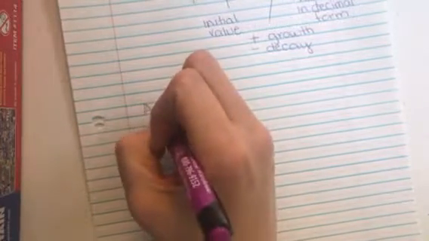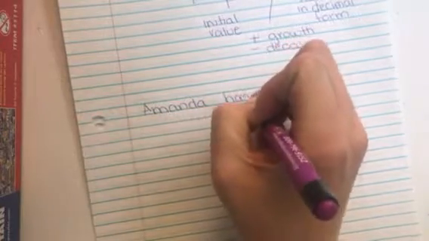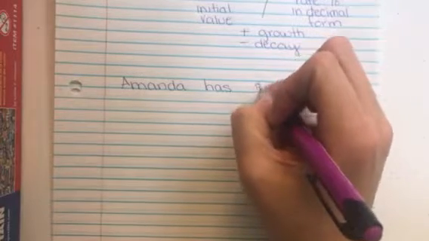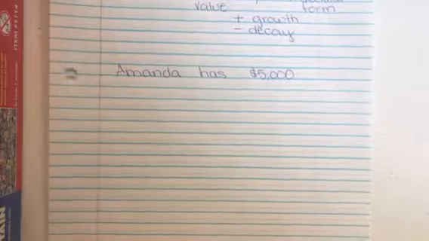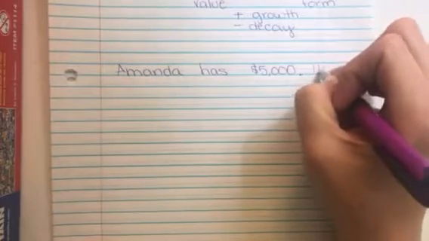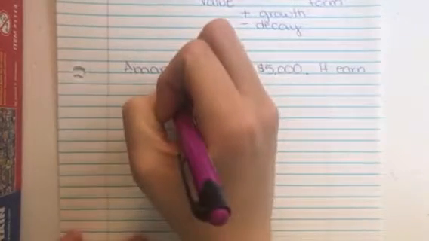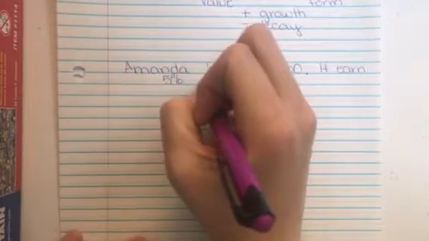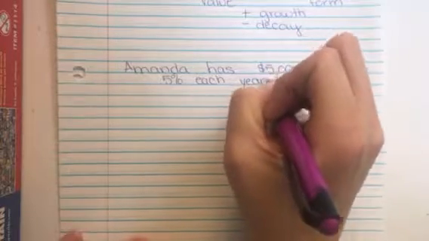Okay, so let's say we have a bank account. Let's see, Amanda today is going to have a bank account. And in her bank account, she is going to have $5,000. And it's going to earn 5% each year.